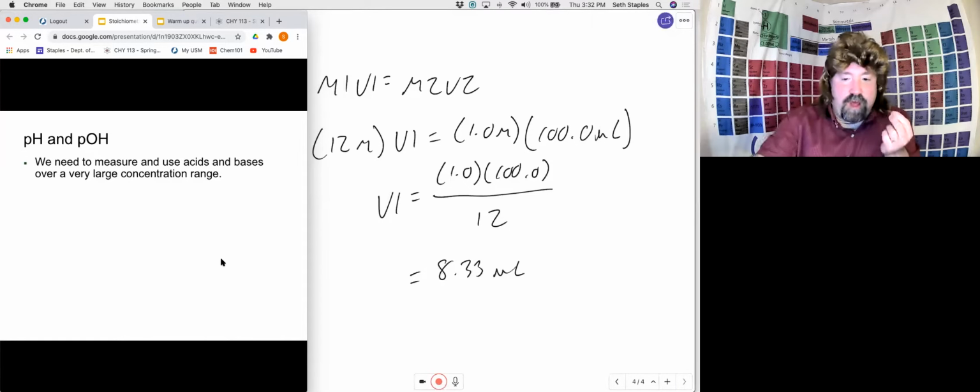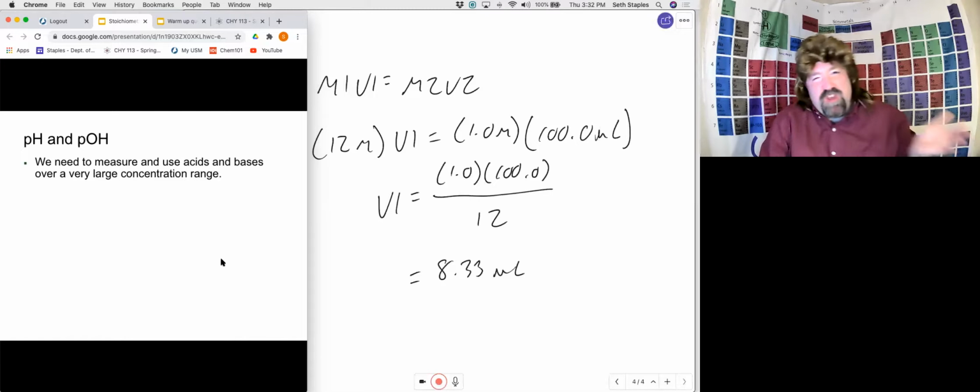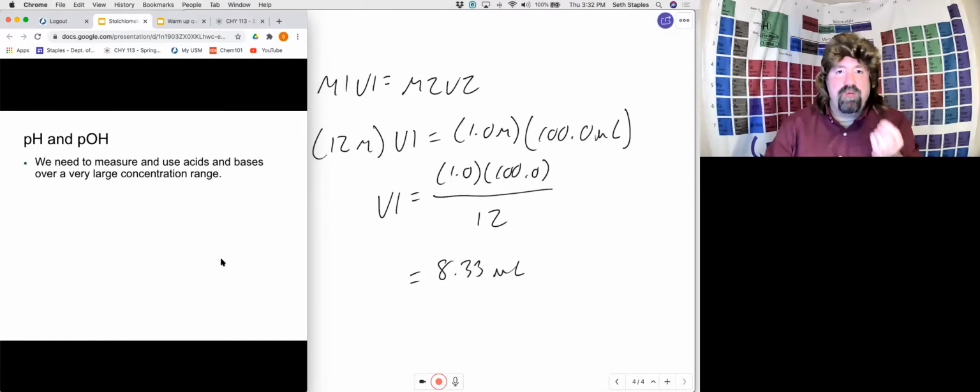That H plus concentration in a solution could be anywhere from like 10 to the negative 13th molar all the way up to maybe a 1 molar H plus. And so a huge range could be possible when we're talking acids and bases, and we need a convenient way to express those.